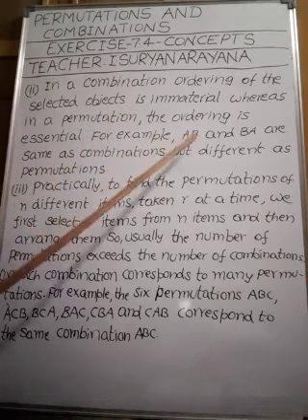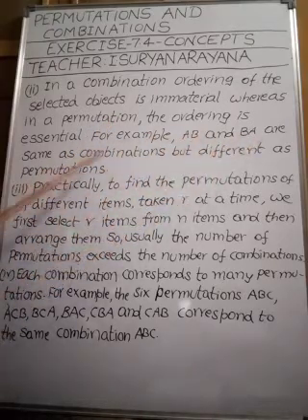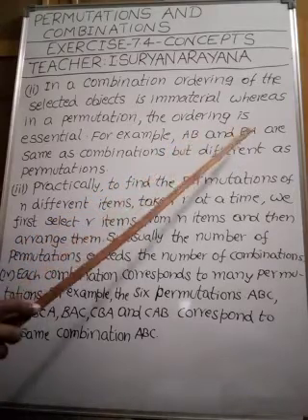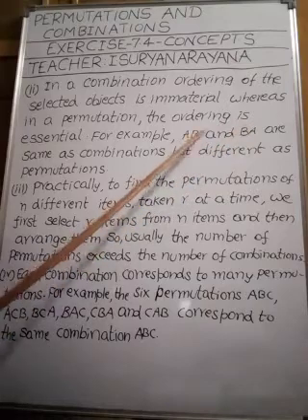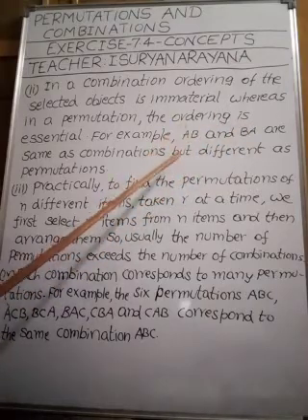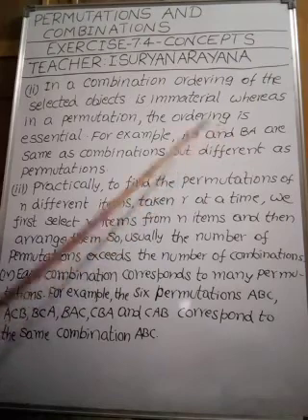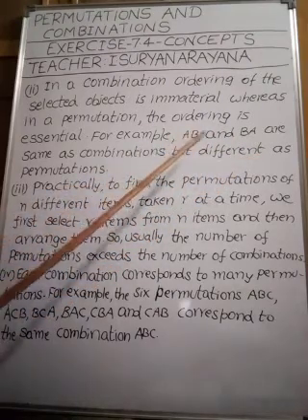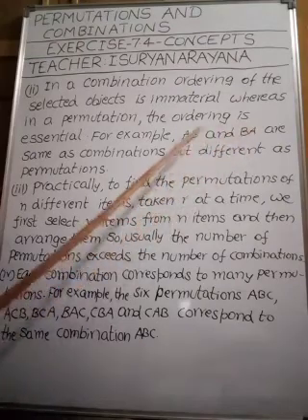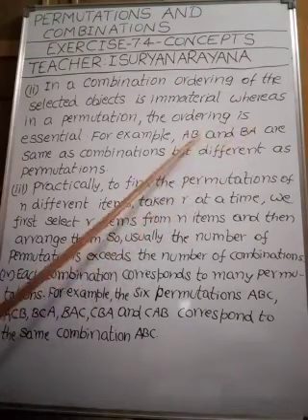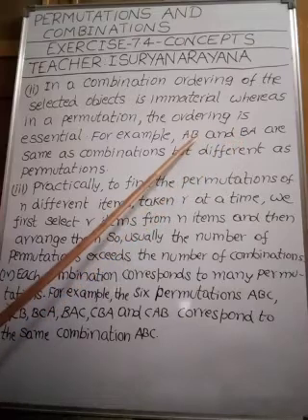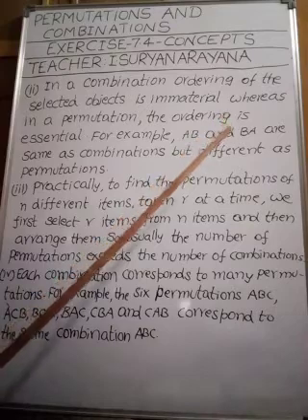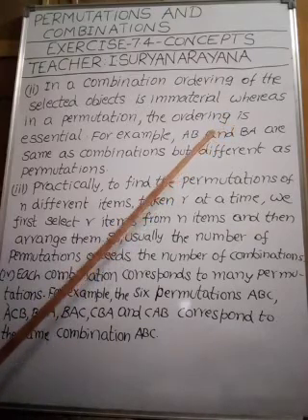For example, AB and BA are the same as combinations. Here we don't consider these two as different combinations. We consider this only one combination. But in the case of permutations, these two are treated as two different permutations, whereas in combinations, these two are considered as only one combination. Understood this point, my children?